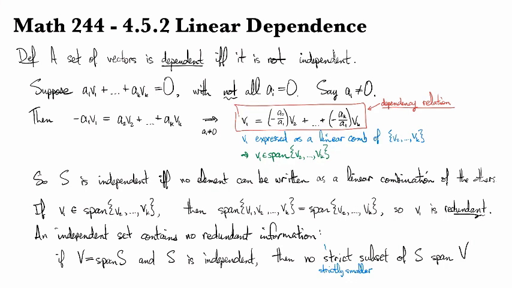Sometimes this is also called a proper subset. So this is the meaning of independence. It means that no element can be built as a linear combination of the others, and it also means that the span of whatever you have cannot be manufactured as the span of any strictly smaller subset.